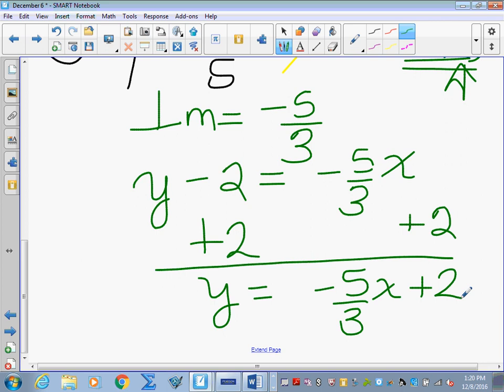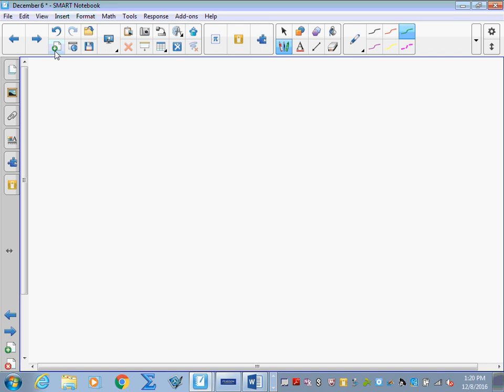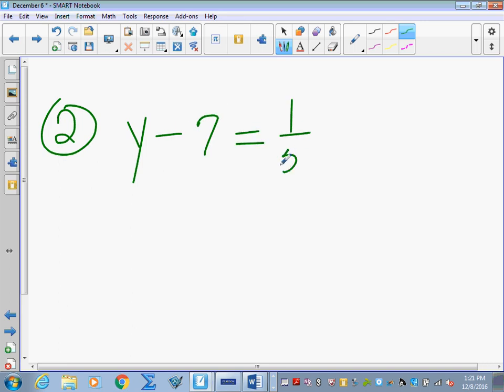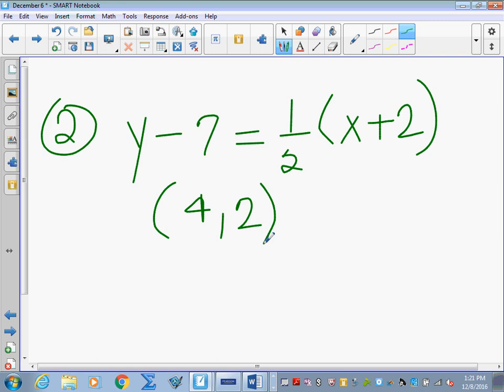We're going to do one more, and then we'll be done. Here's your equation in point-slope form this time. Pretend that's the equation they give you for your homework. They tell you it must go through the point (4, 2), and it's perpendicular.